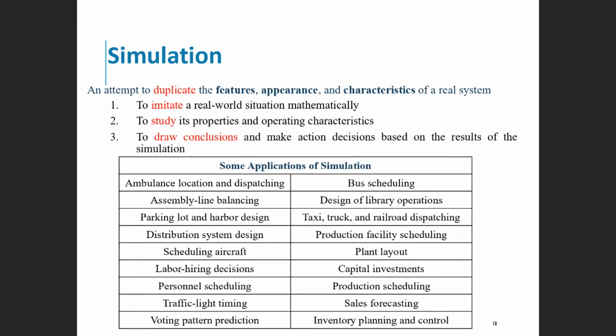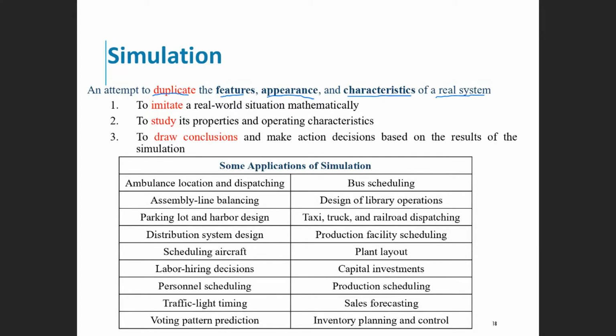What is the definition of simulation? Simulation is an attempt to duplicate the features, appearance, and characteristics of real systems. Duplicate means you are making a copy, يعني نسخة طبق الأصل, of the real system, by duplicating features, appearance, and characteristics. يعني either or, all of them or one of them.